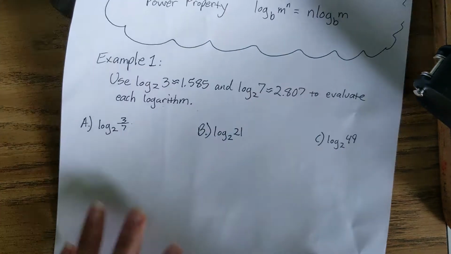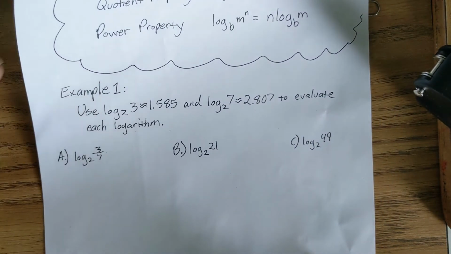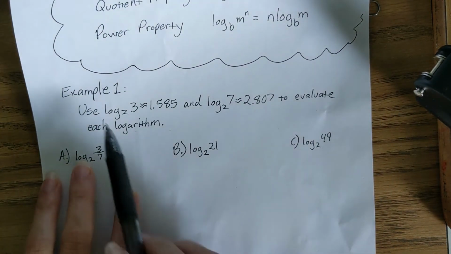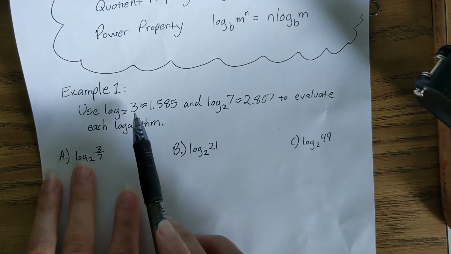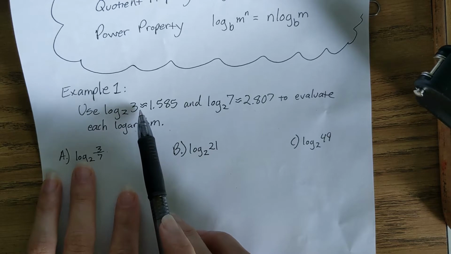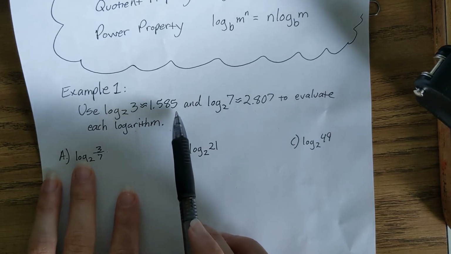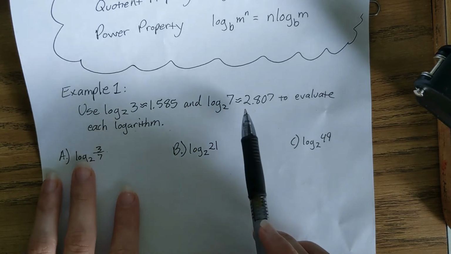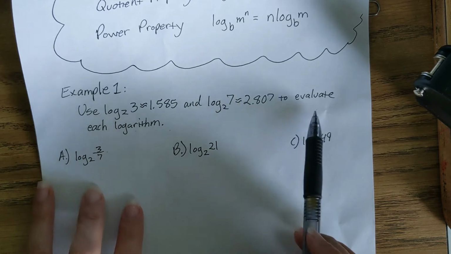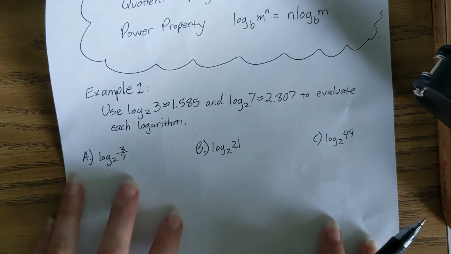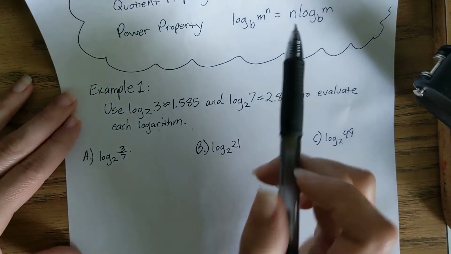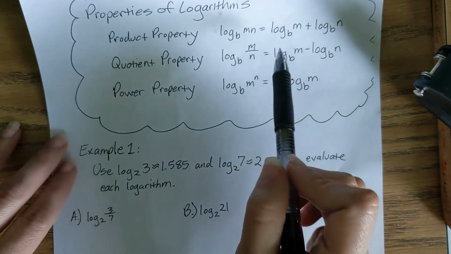So example 1 shows that we have some things given to us. It says use log_2 3 is approximately 1.585 and log_2 7 approximately 2.807 to evaluate each logarithm. Okay, so let's do what we did up here, right? How we expanded it out.